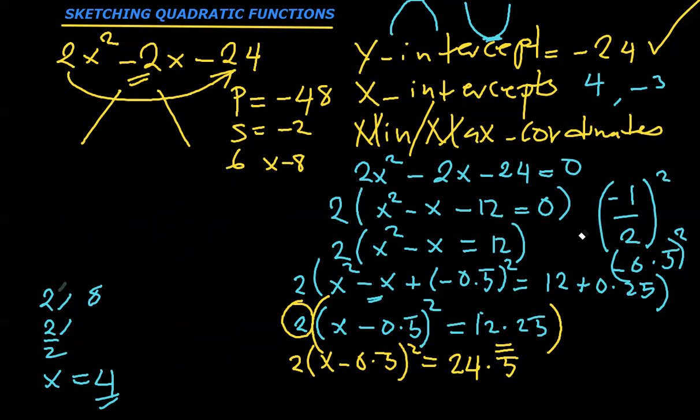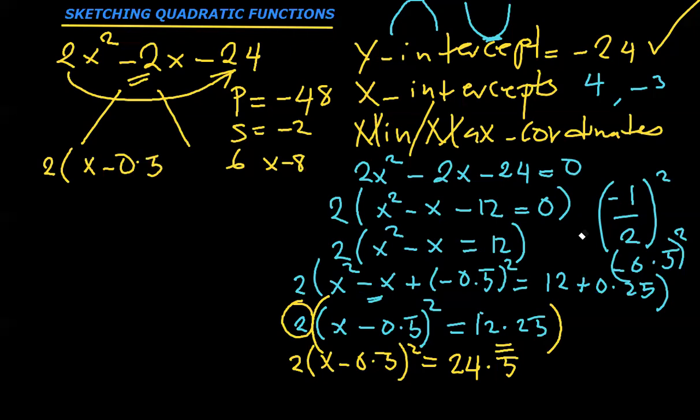Erase that so to get more working space. All right, so we have that. Meaning the equation you have is 2(x minus 0.5) squared equals 24.5.